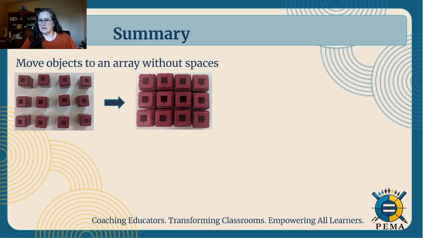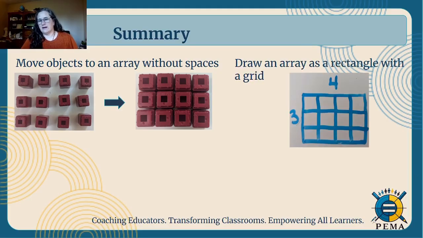This is an increase in complexity and will help them transition to drawing a rectangle that has a grid that shows the objects in the array. Here I can see the tiles like they practiced in 2nd grade, and I can see 3 groups of 4 tiles showing the grid on my rectangle.